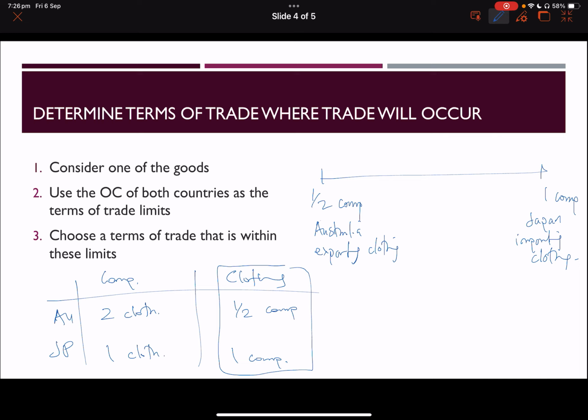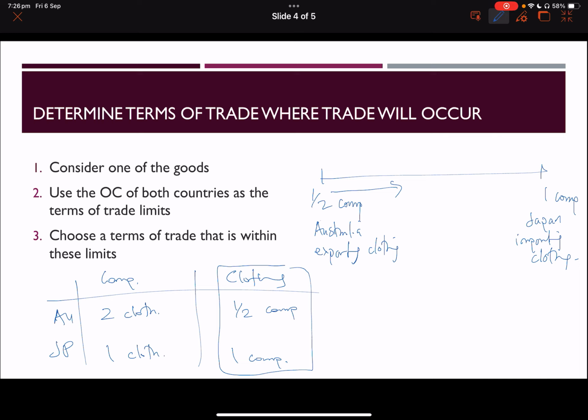Okay, so if we think about it from Australia's point of view, Australia will be willing to export clothes as long as it receives more than half a computer in return. So any of these areas over here, why is that? It's because if it doesn't trade and it wants to reallocate its resources within its own economy, it can receive half a computer in return for one piece of clothing.